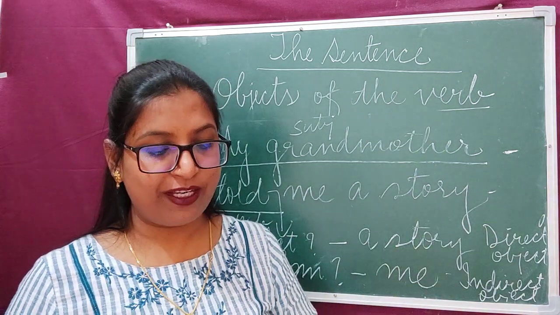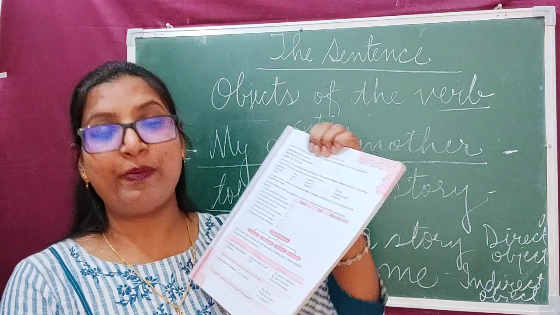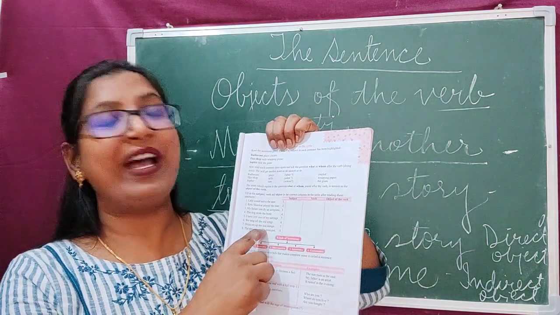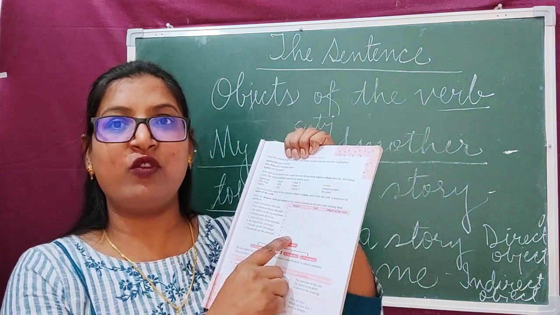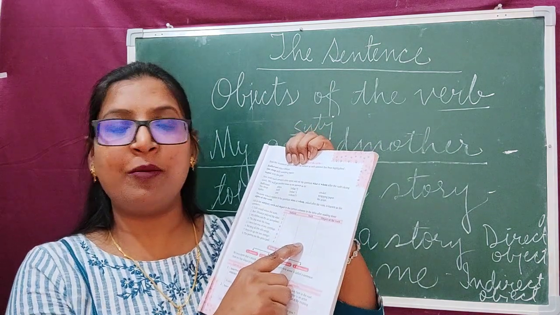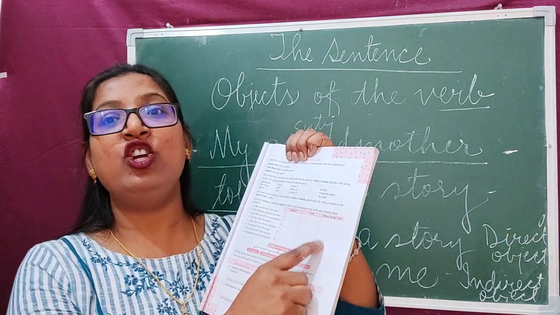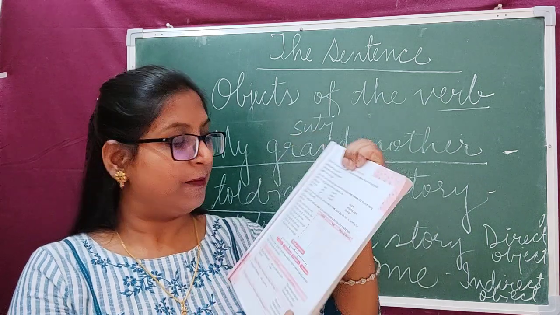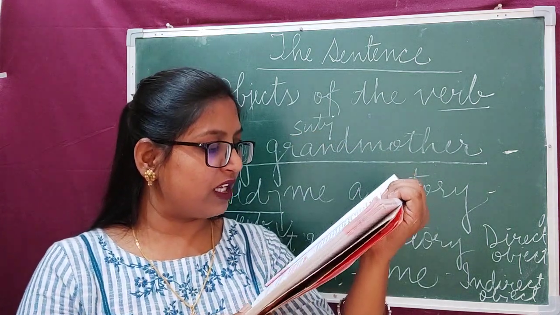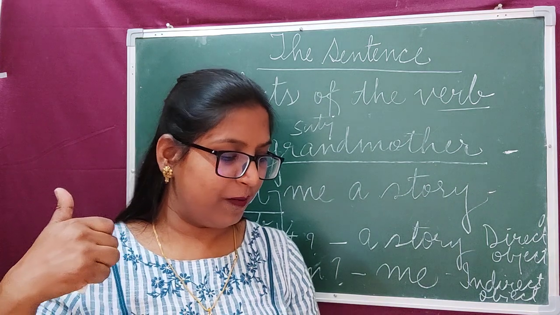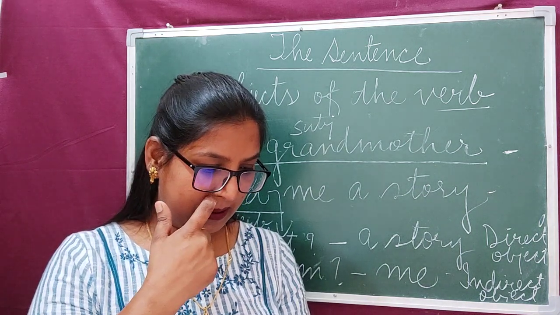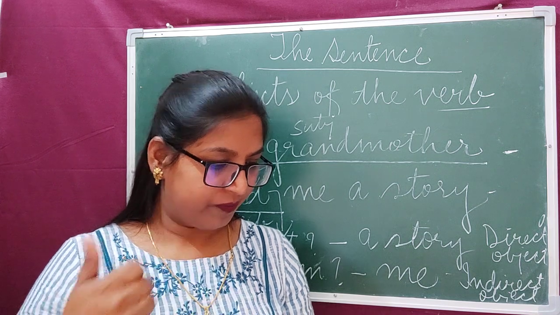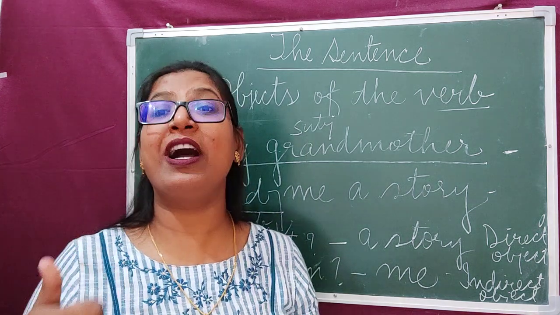So many sentences are given on page number 7. You just try to solve them. Here the table is given. Find out the subject first of all, then find out the verb, and then find out the object of the verb. Almost in all these sentences I hope you will get only one object.